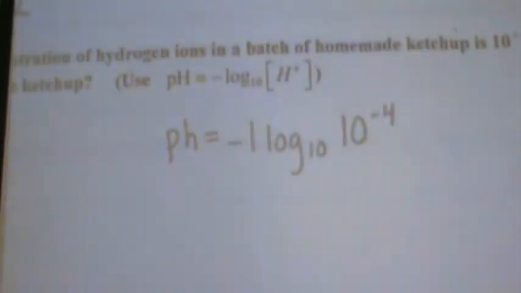So you can type that in your calculator and tell me what you get. Log. And I just typed it in, just like that. Did anyone else do that? And what'd you get? 4? And the answer is 4.